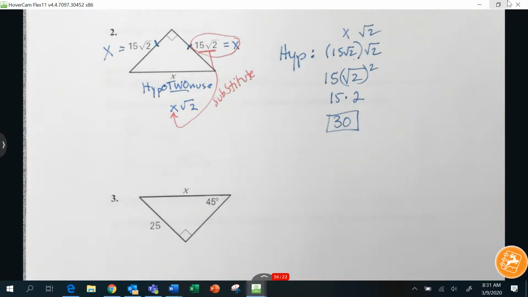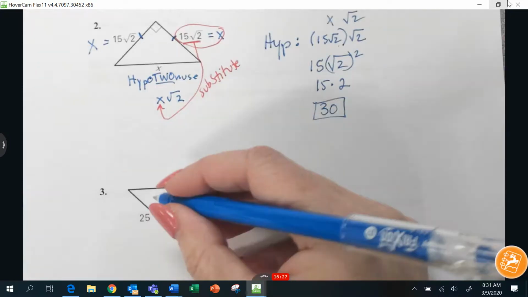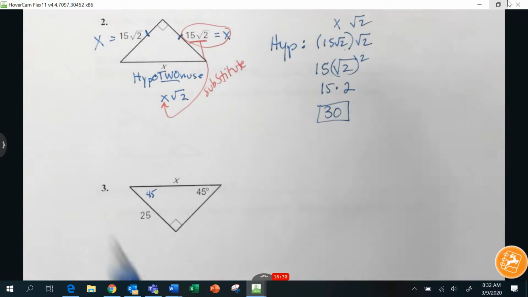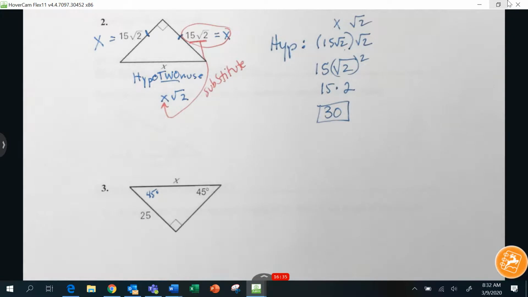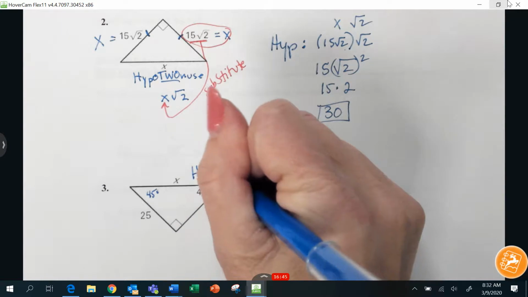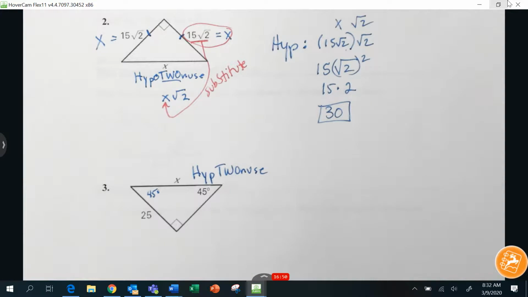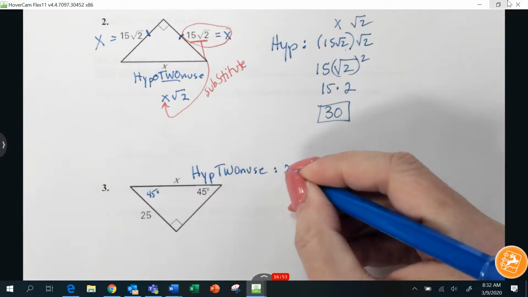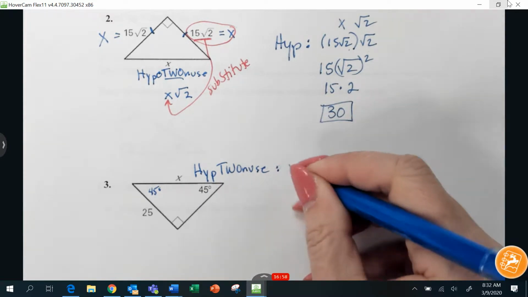Okay, number 3 is a 45, 45, 90, because I see the 45, I see the 90, so this one has to be 45. Jay, which side am I trying to find? Am I trying to find one of the legs, or the hypotenuse? The hypotenuse. And we know that the formula for the hypotenuse is x square root 2.